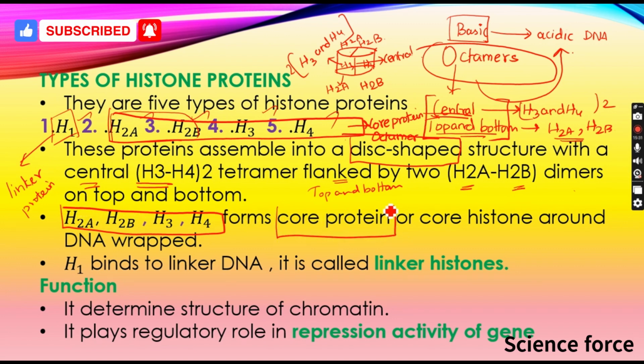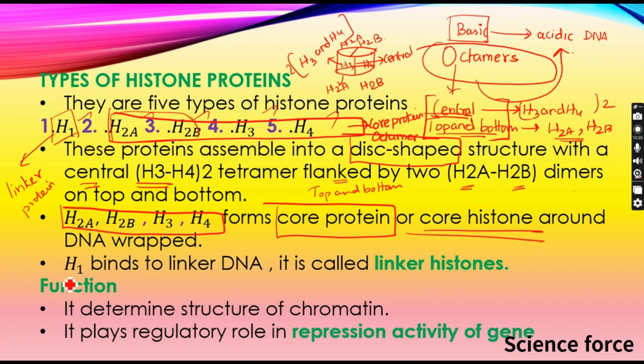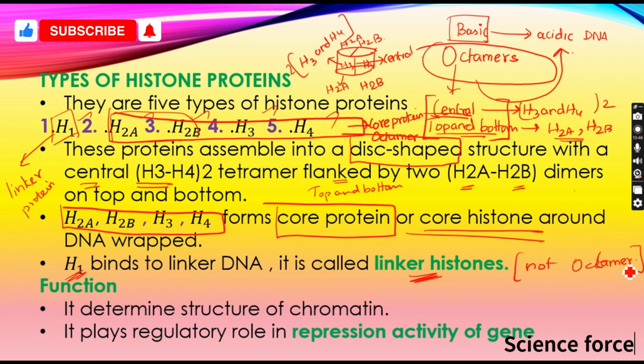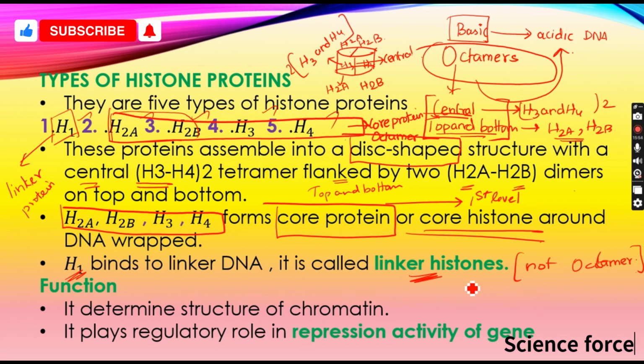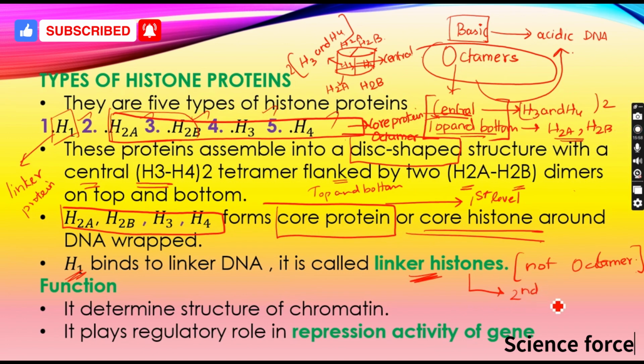They are the core proteins, also known as core histones, where H1 is going to be a linker histone, which is not involved in octamer formation. That means core proteins are not going to be formed by it. The octamer formation is involved in the first level of organization of the gene, but the H1 protein, or linker histone, is going to be involved in the second level of organization of the gene.